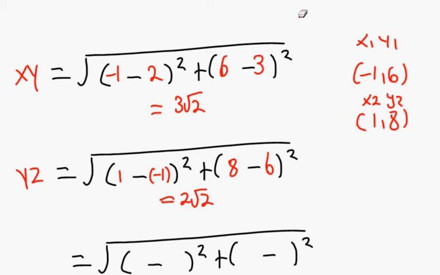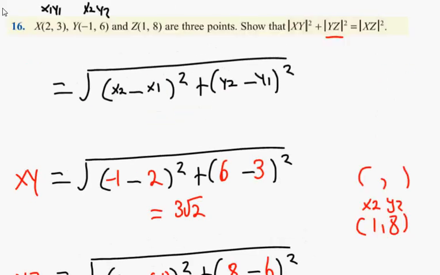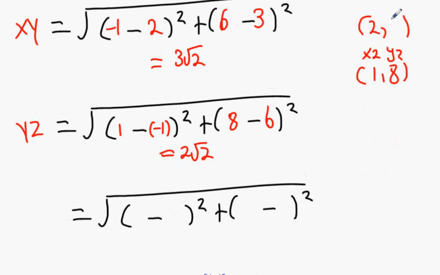XZ, yeah? What point is Z again? Z is 1, 8. What's X? X is 2, 3. And that's my X1, Y1. Okay, guys. So, right, James? Okay, what happens here? James, what goes in next? What goes in this position here? 1, yeah.